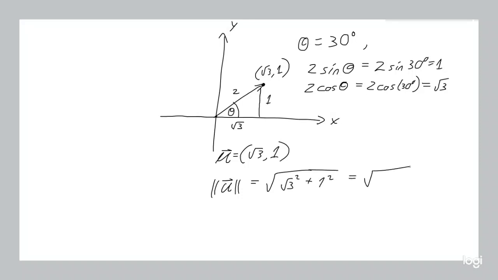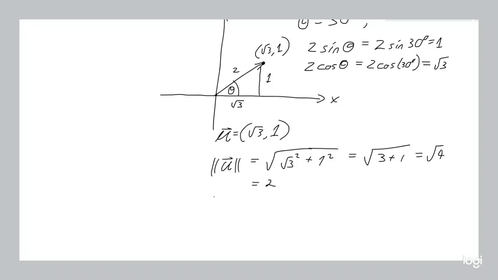That gives us the square root of 3 plus 1, the square root of 4, which is of course 2. And that's no surprise. We already knew that the hypotenuse here, which represents the magnitude of our vector, is 2.